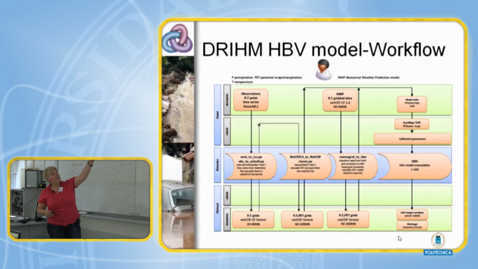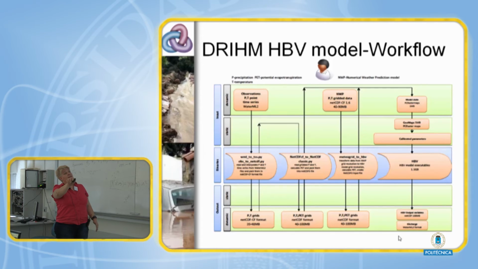If we have observations, we have precipitation and temperature data. They are in WaterML format. They need to be interpolated. Inverse distance weighting was used, and they were packed in the netCDF CF format.